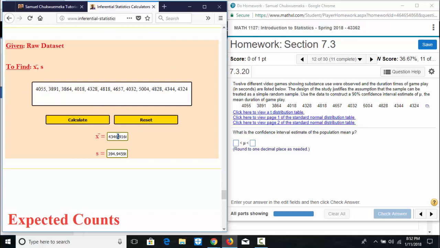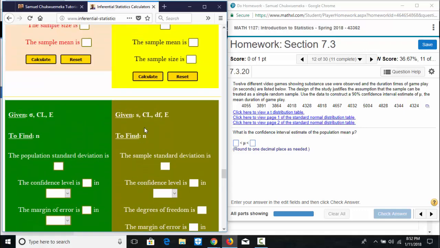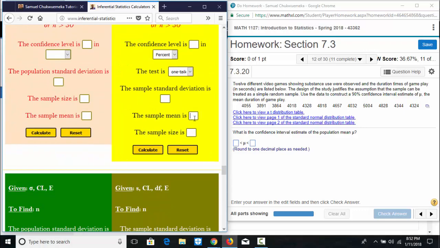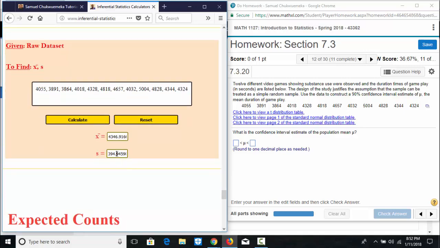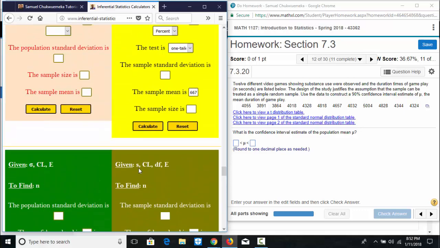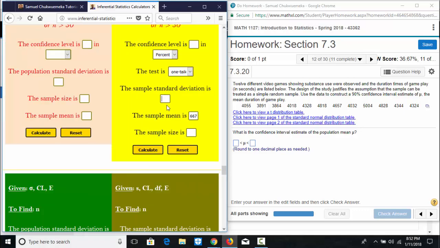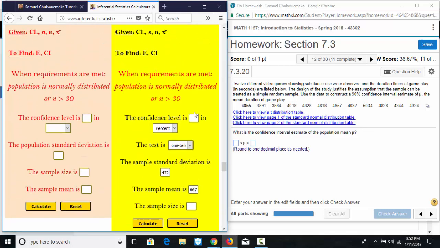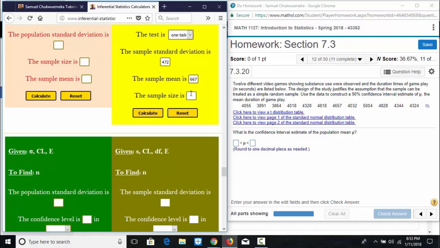Calculate. So I'm gonna grab this mean, copy, I come here, sample mean, Control V, paste it. I'm gonna grab this standard deviation, copy, come here, sample standard deviation, paste it. Confidence level is 90%. Sample size is 12.